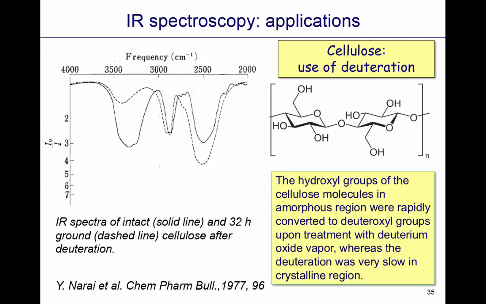What I've done now is double the weight. If you imagine this as an oscillator on a string, oscillating like this, and suddenly this object is twice as heavy, the frequency becomes affected. So this is OH, this is OD.